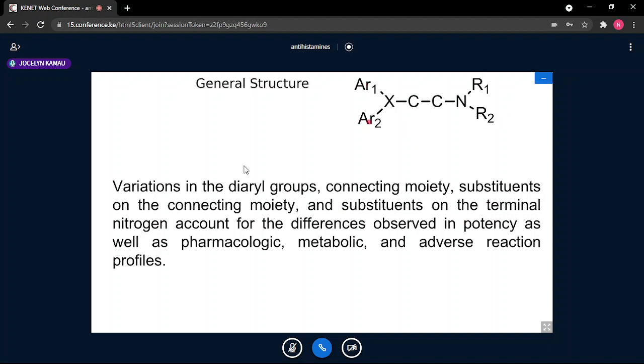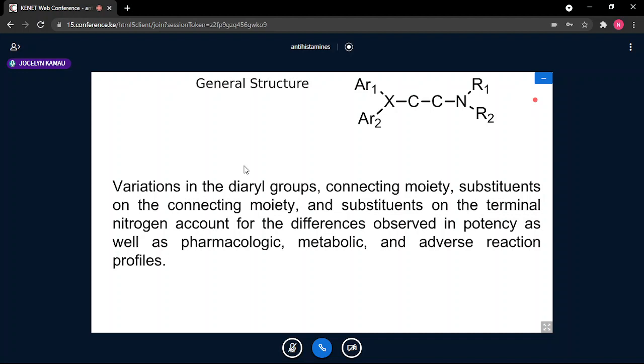So the kind of drug you have, which is dependent on AR1, AR2, and X, and the groups that you put, are the ones that will be responsible for the potency of that drug. We're going to look at the potency, how it undergoes metabolism, and whether it will have a lot of CNS effects, like causing sedation, and so on.